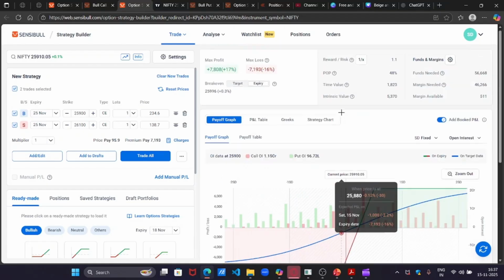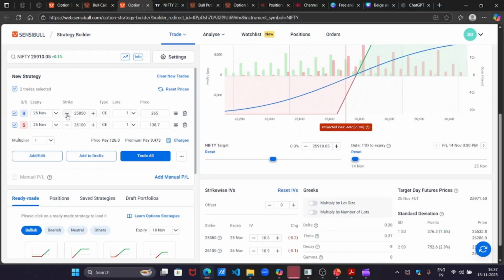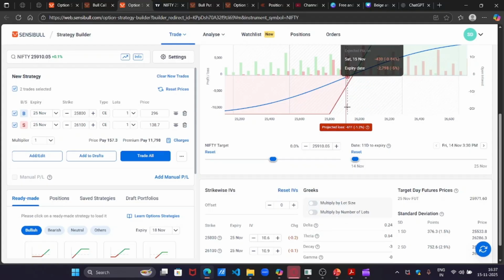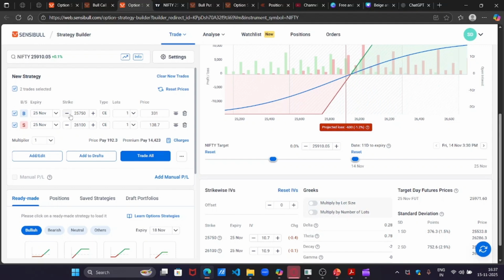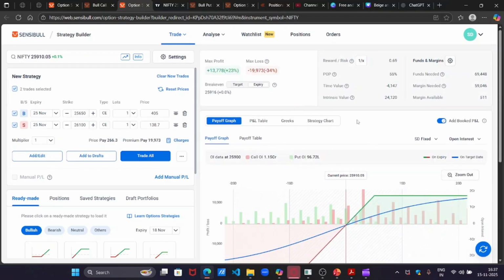And if we want to be on a little safer side, then what we can do is make it 25,800. So we will start making profit early. If you see here, the screen moves closer to our current price, but we will be suffering more loss. Probability of profit is 55%, which is less than the credit spread.